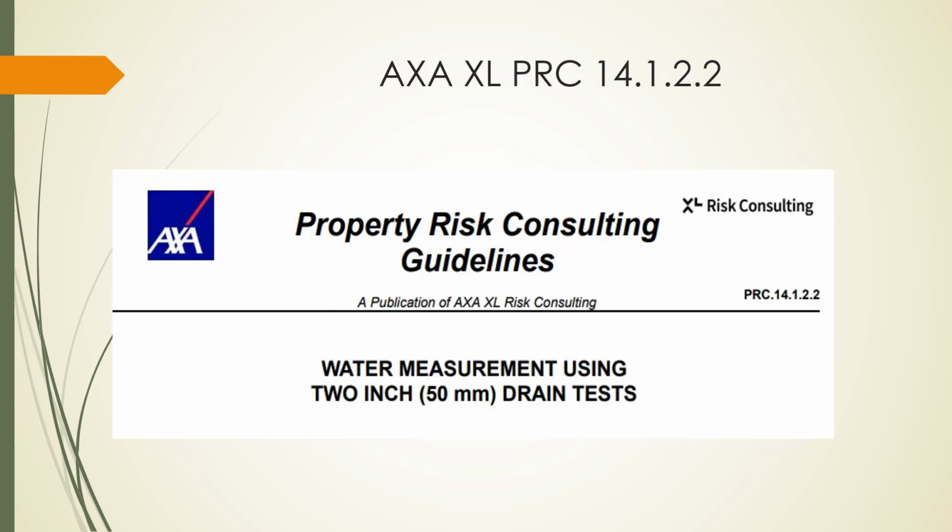I would ask you to do a search for the AXA XL guideline of water measurement using 2-inch drain test. It's PRC 14122. It's a short document, but it will provide you guidance on being able to convert that 2-inch drain configuration and water pressures into a flow.